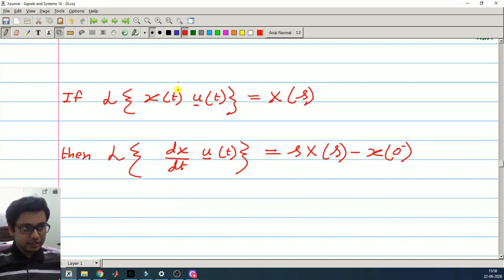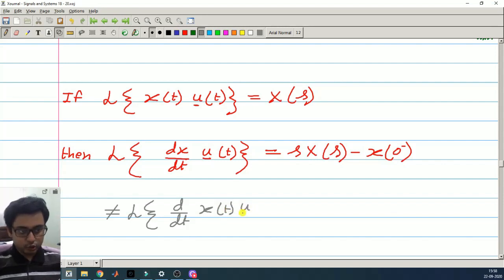Once again, remember that this is not the same as the Laplace transform of d dt of x multiplied with u bar. Okay, the brackets matter.